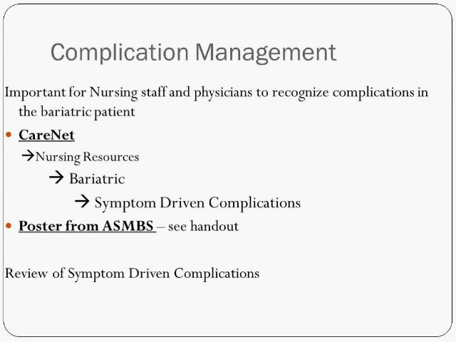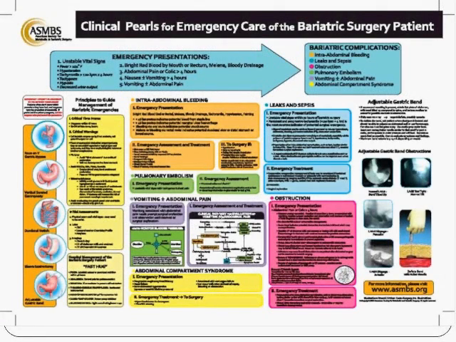It comes from the American Society for Metabolic and Bariatric Surgery. That's what ASMBS stands for. It's really nice, too, because it's color-coded. So you've got a nice color code up in the corner. And let me turn the slide. There we go. You've got a color code up in the upper right corner, and it has the complications, and then they are color-coded to these different boxes there.